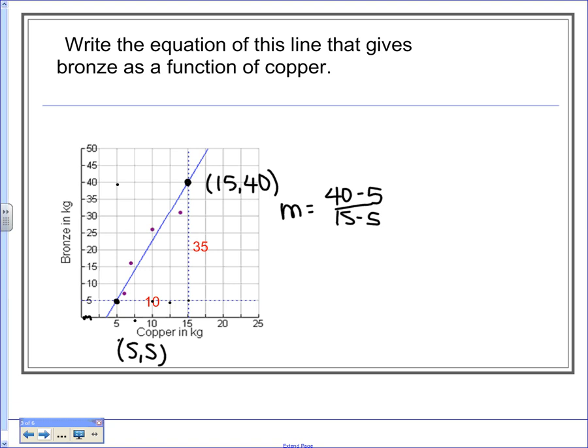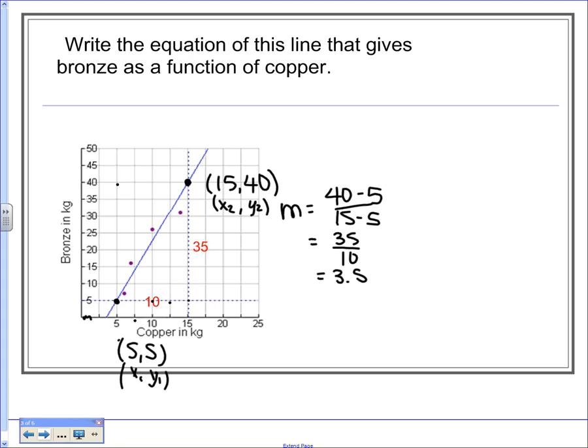Do you agree? Does that make sense? Slope formula? These are points. This is my x1, my y1, and my x2, y2.